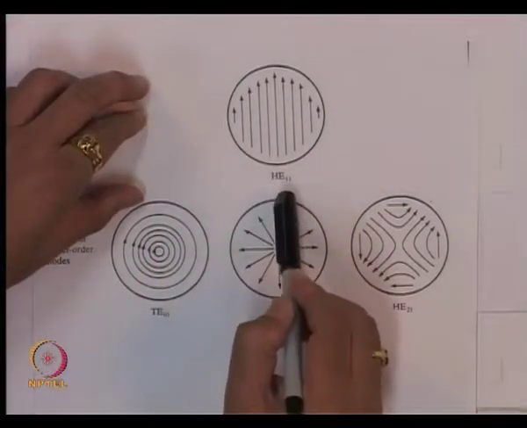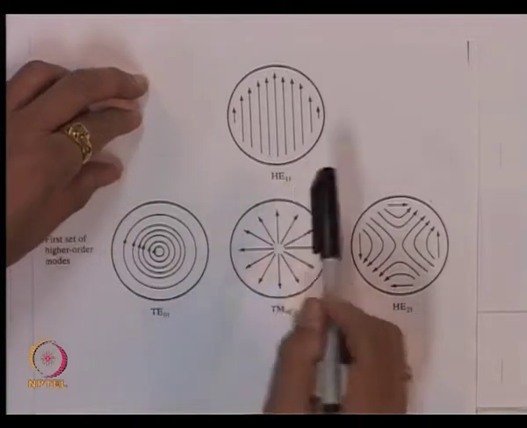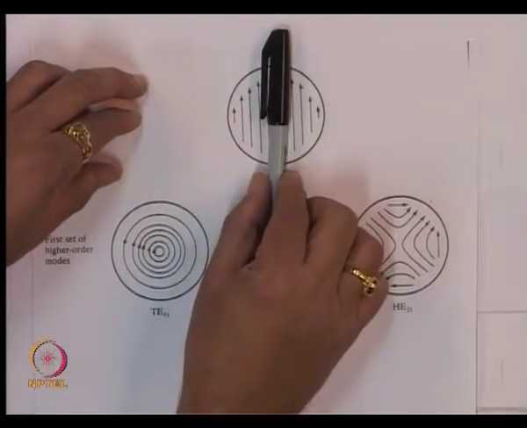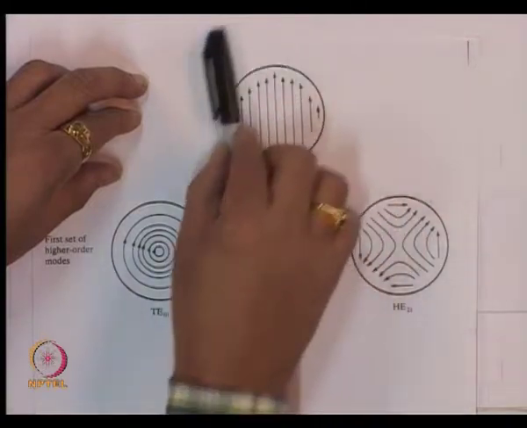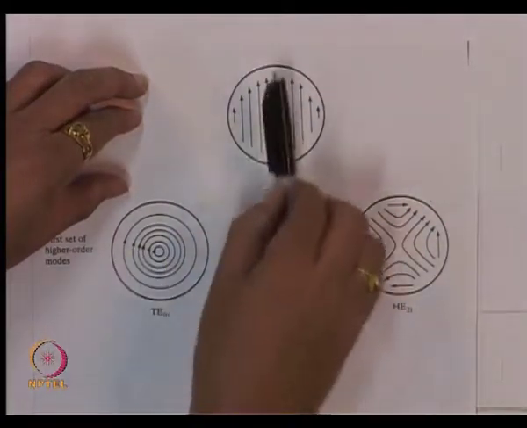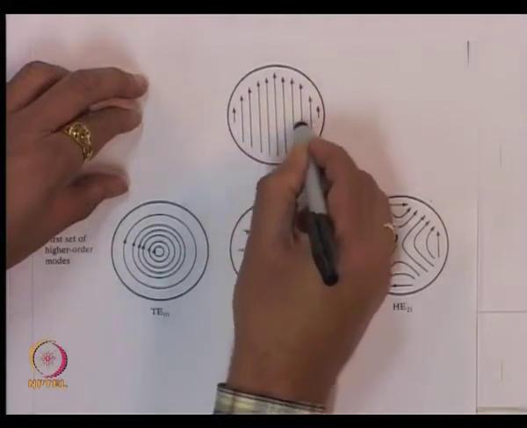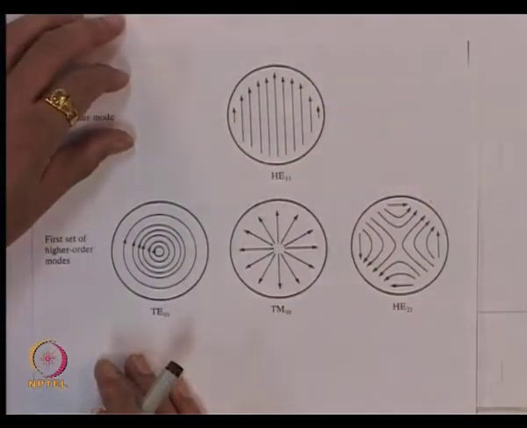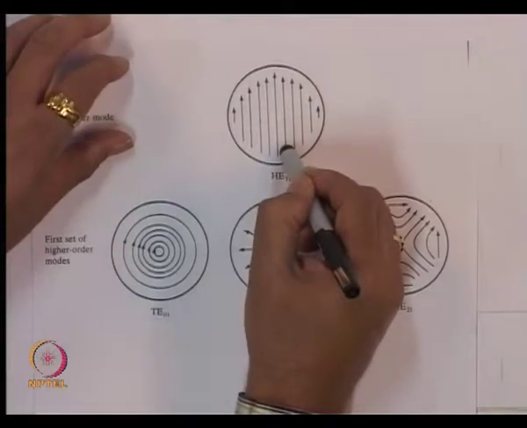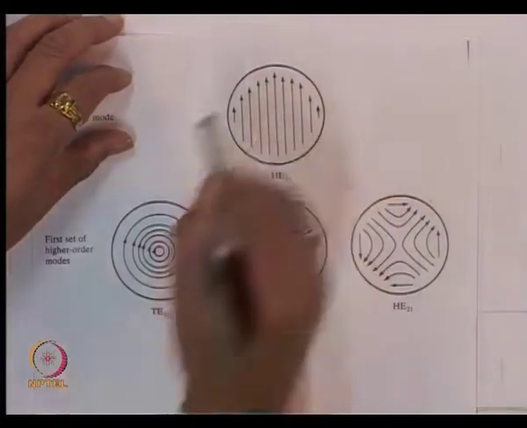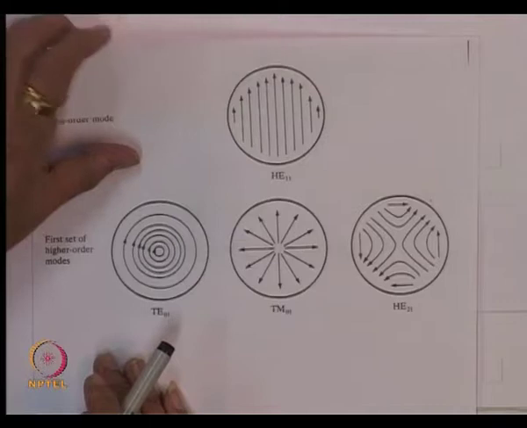For the HE mode the first index was 1, but as far as the linearly polarized nature is concerned, it does not have any variation in the phi direction, because once the direction is taken care of, the intensity is going to be the same everywhere for a given value of r. As I change the value of phi, the value of the electric field amplitude does not change.